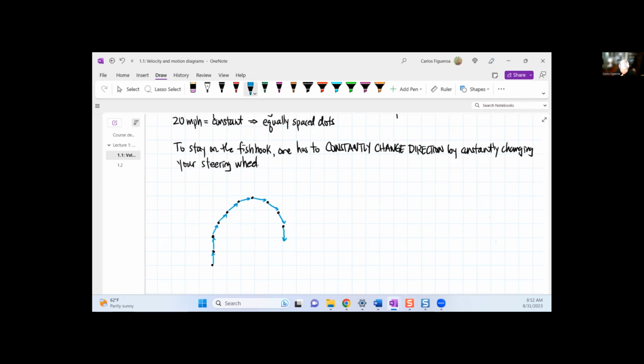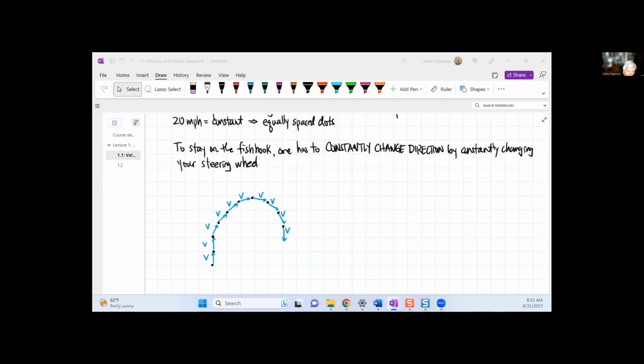What I'm saying is that my velocity is changing, but my speed is fixed because the spacing of the dots is all the same. And as a consequence, that's what we mean by a motion diagram where we have constant speed and change direction.